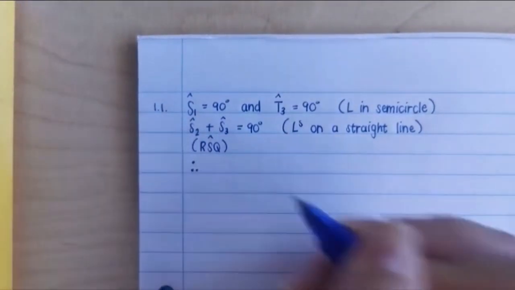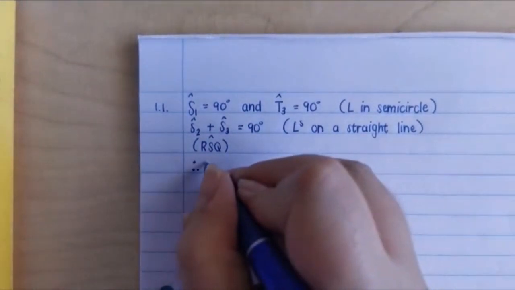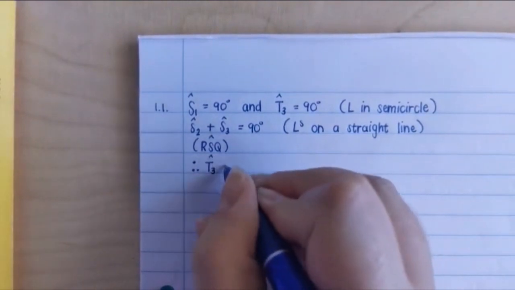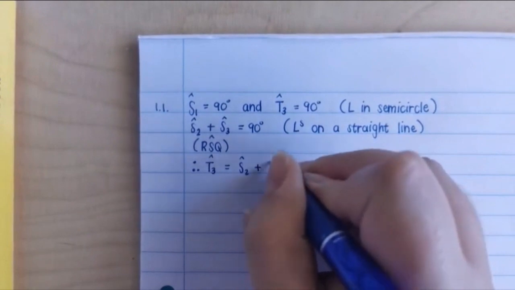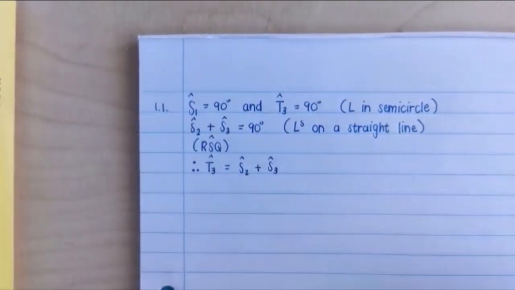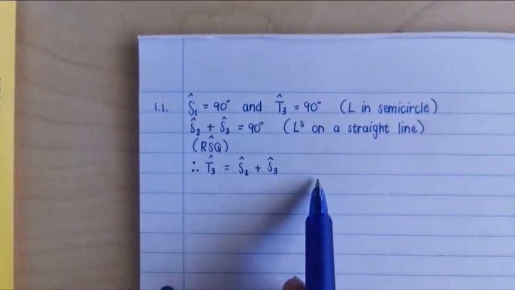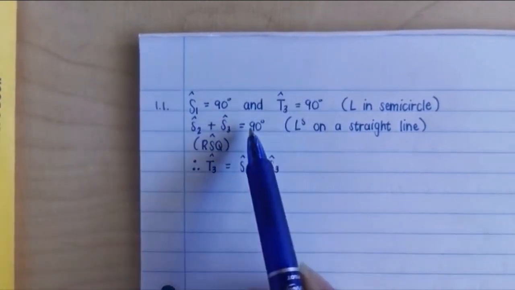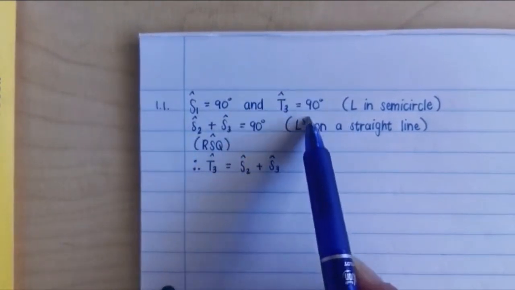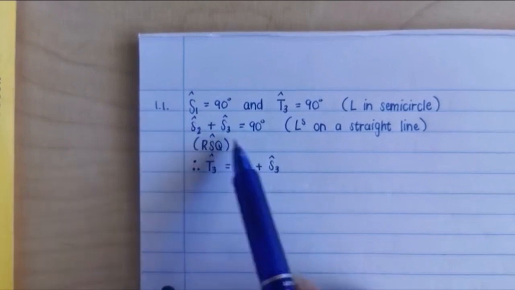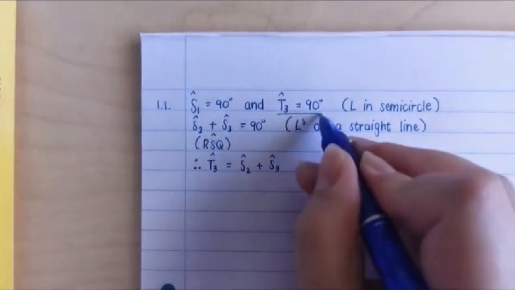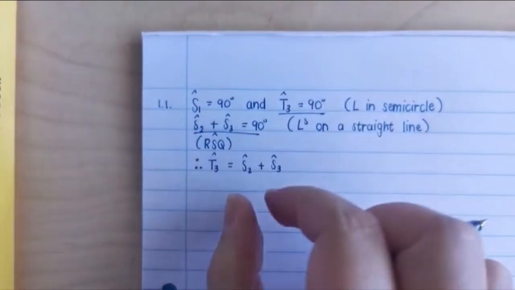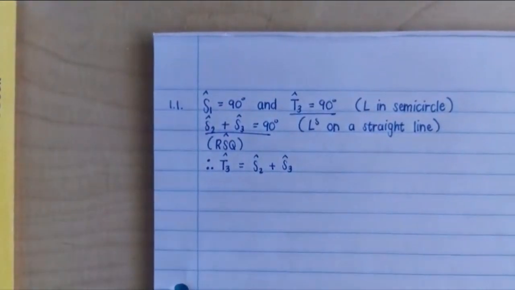Therefore, T3 is equal to S2 plus S3. And there's no reason for this because we've just proven it, right? We just have it actually written down there that T3 is 90 and S2 plus S3 is 90. So therefore, they are equal. All right, there's no reason for that. I'm just kind of summarizing what I've just written down.